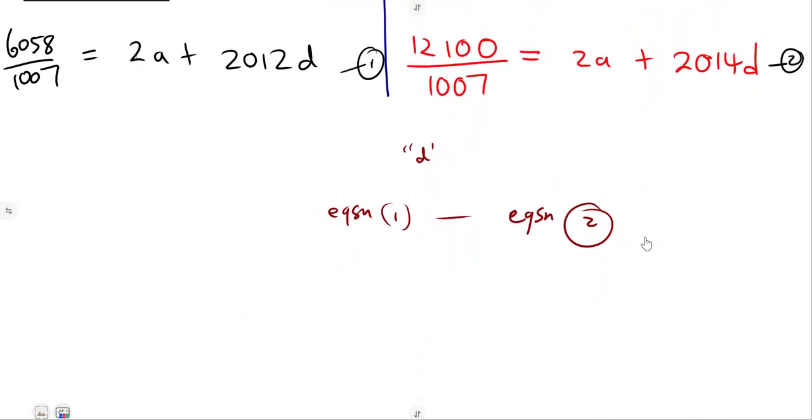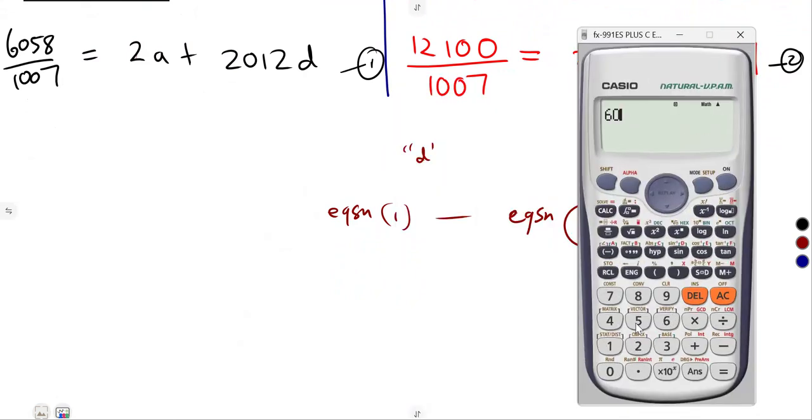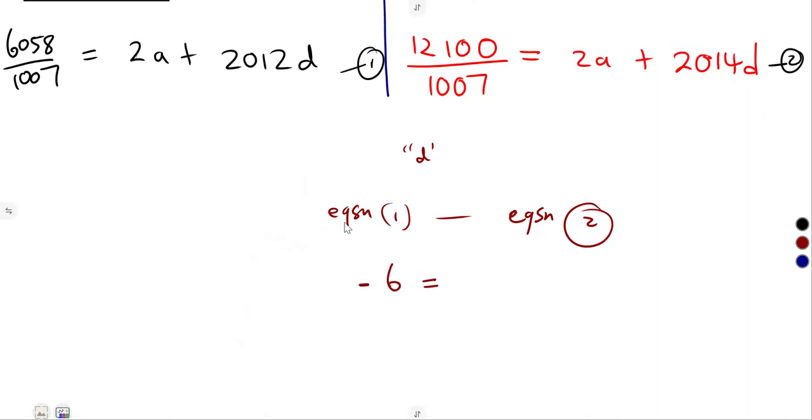If we subtract equation 1 minus equation 2, this was going to subtract this one. 6,058 over 1,007, we are going to subtract equation 2, 12,100 over 1,007. That gives us negative 6, equal to the 2a, and the 2a cancels.